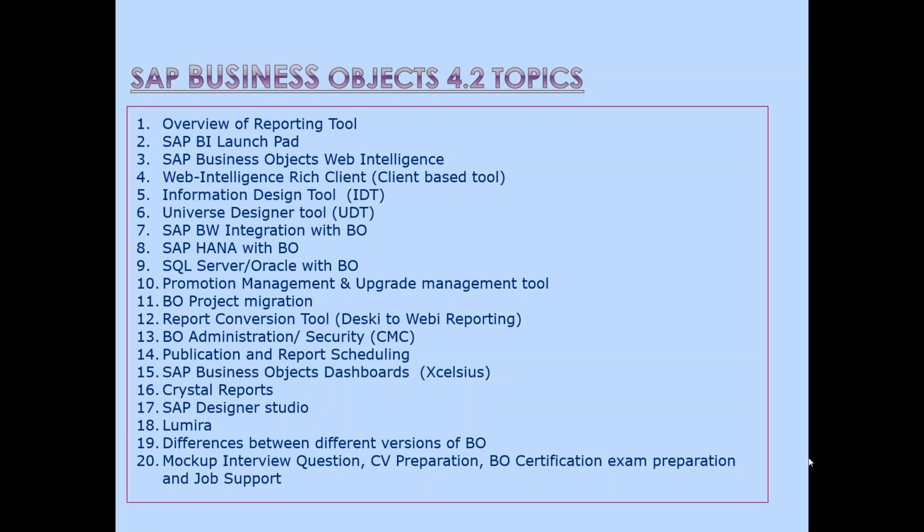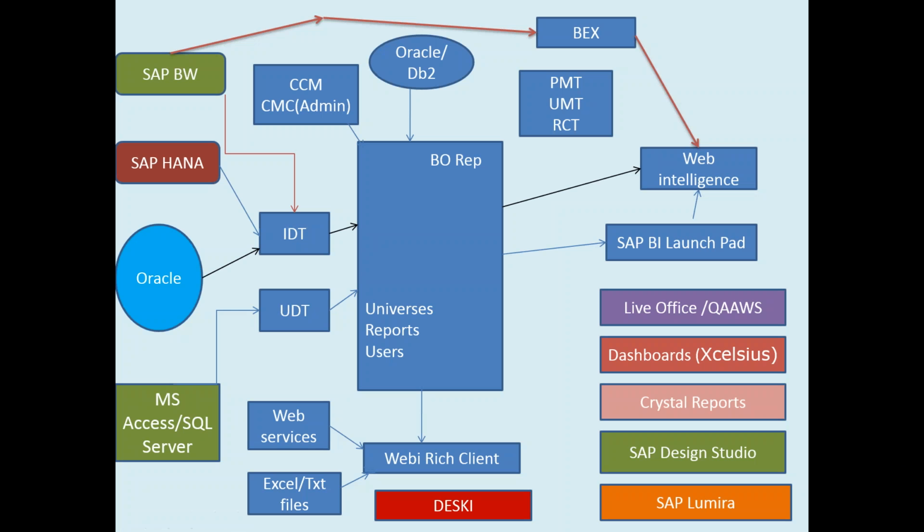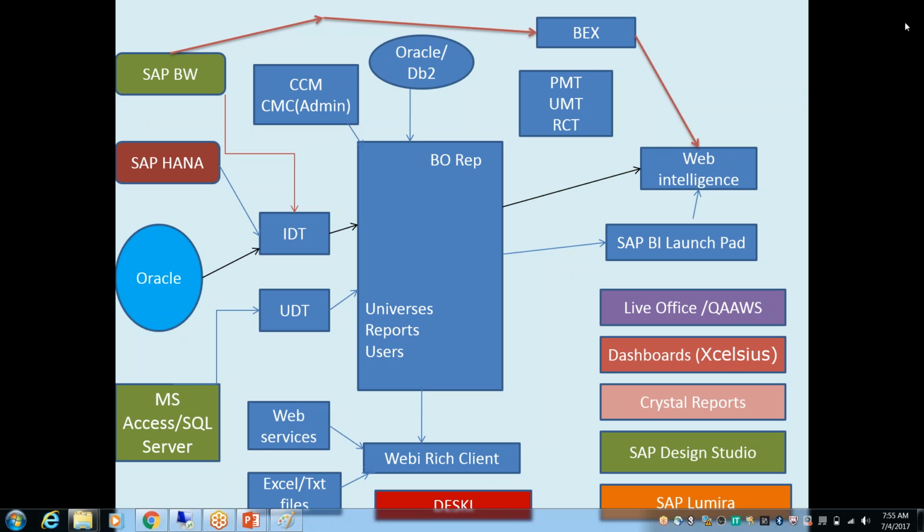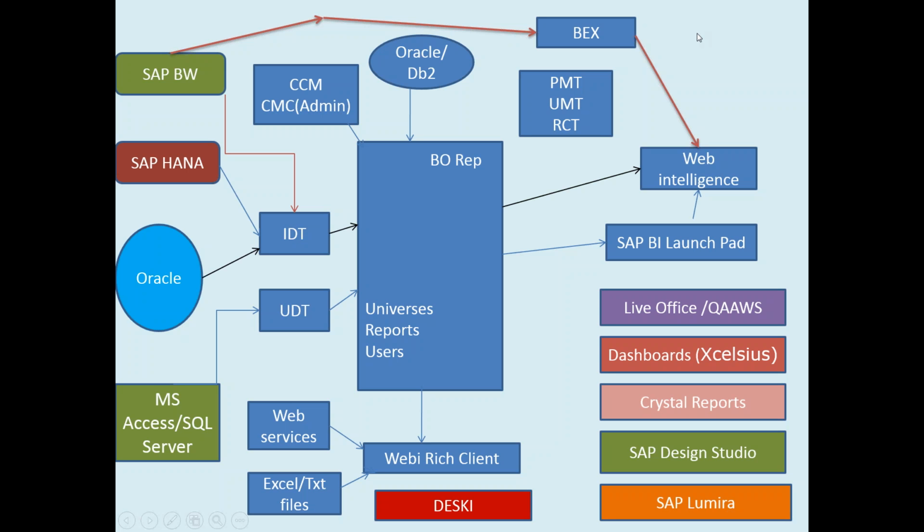Okay. Moving on to the component-wise architecture. So you'll see here the BO 4.2 component-wise architecture. Okay. BI Launchpad. We have another architecture which is a server-based architecture, that we'll discuss. And also we have another architecture which is a project-based architecture.